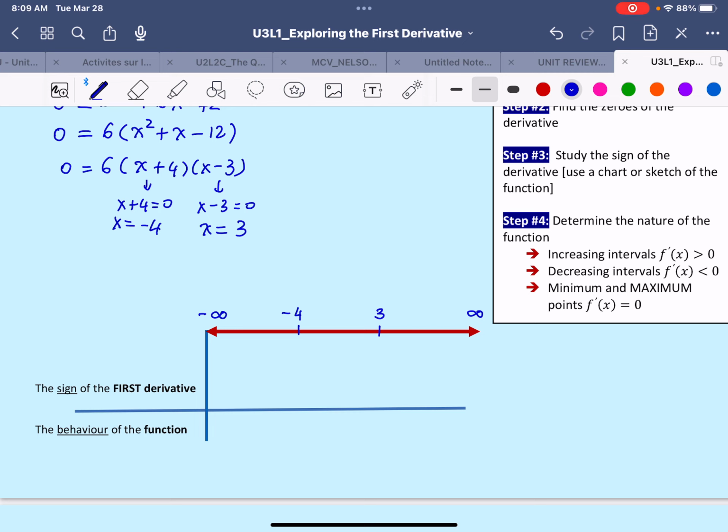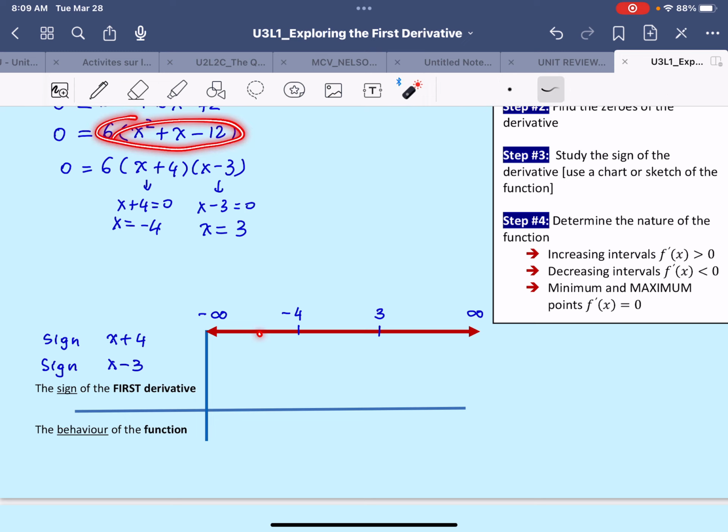It's our choice if we would like to study the signs of each factor separately, the sign of x plus 4 and the sign of x minus 3, or you can simply write the equation of the derivative and just use input values in here to determine the sign. For now, I'm going to use each factor because that's what we traditionally do in more complicated examples. So we try to keep things more distinct and clear that way.